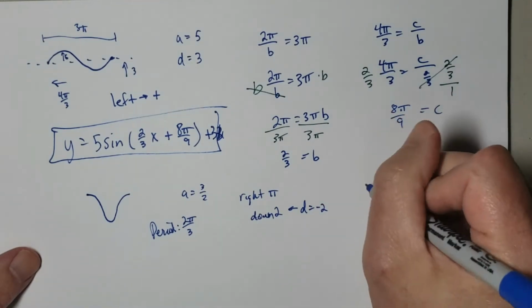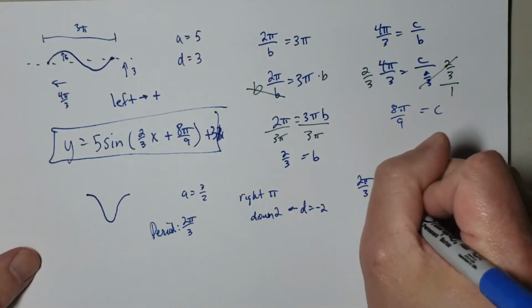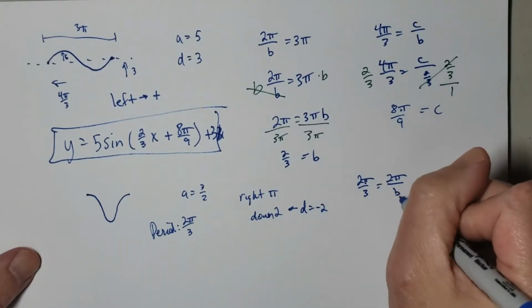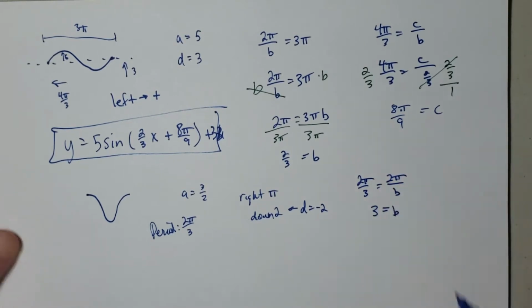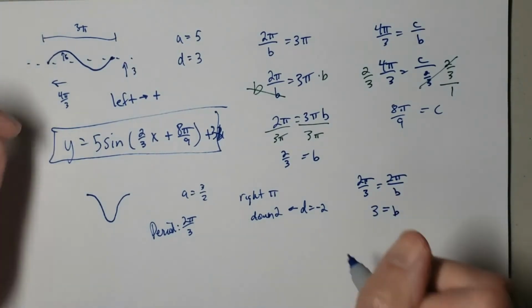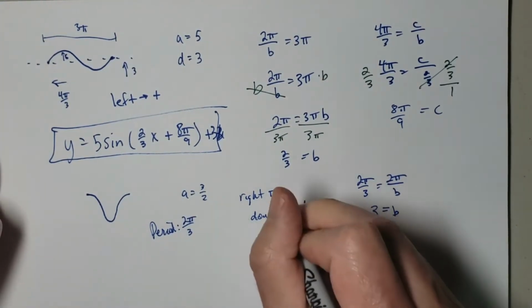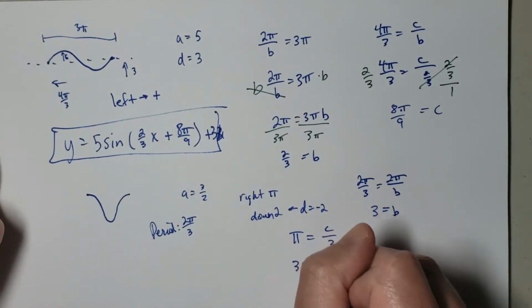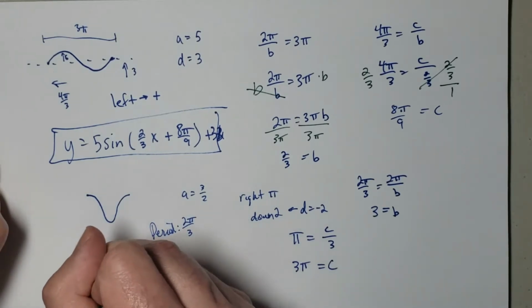Let's do the period. 2 pi over 3 equals 2 pi over B. You could spend some time here solving that equation, or you could just realize that the only way that works is if B equals 3. And then you have pi, the phase shift, equals C over 3, which means that C is going to equal 3 pi. And so we can start writing.